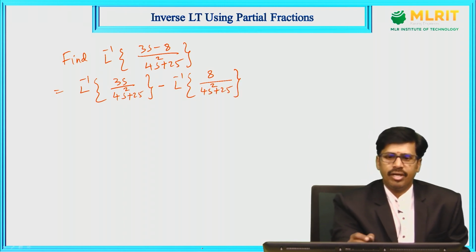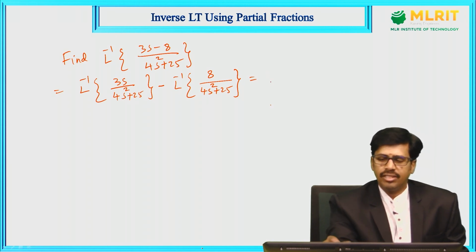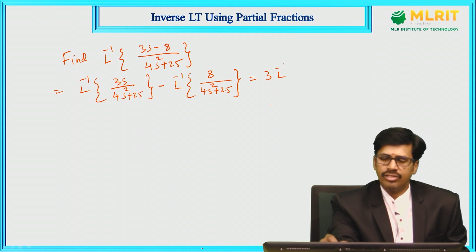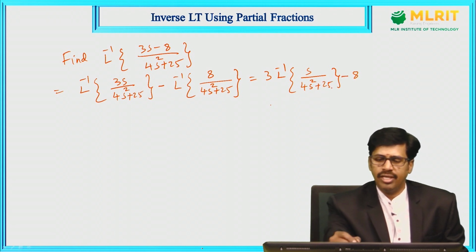So, this can be written as, this 3 is constant, let us take it outside, 3 times L inverse of s by 4s square plus 25, minus 8, which is constant, let us take it outside, L inverse of 1 upon 4s square plus 25.